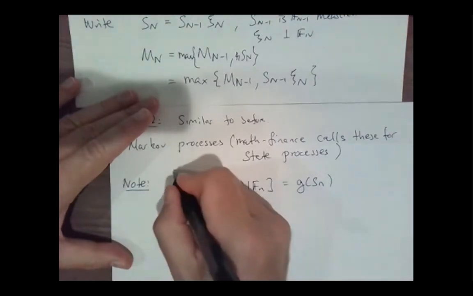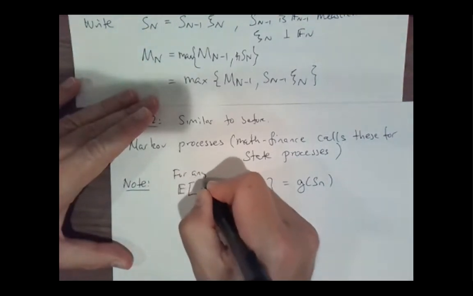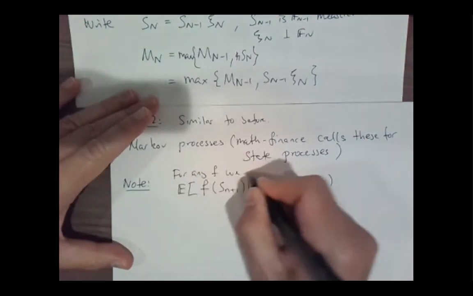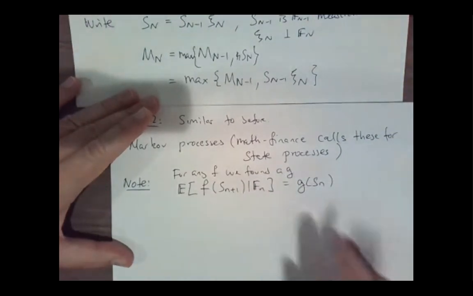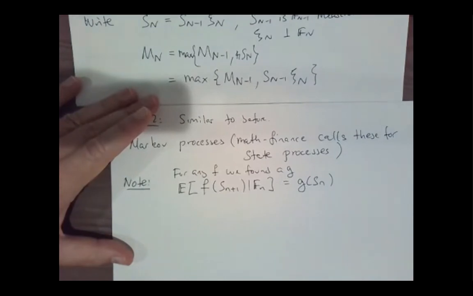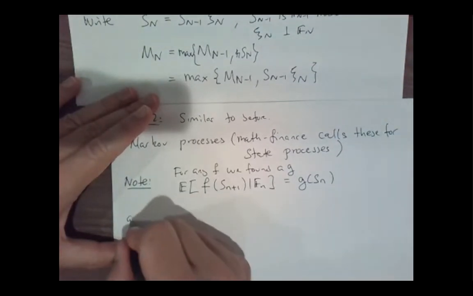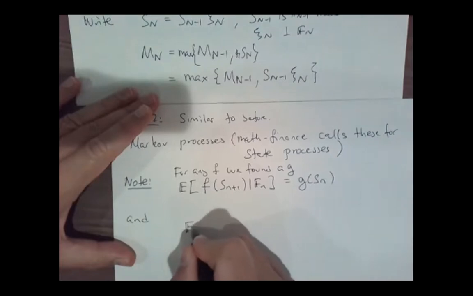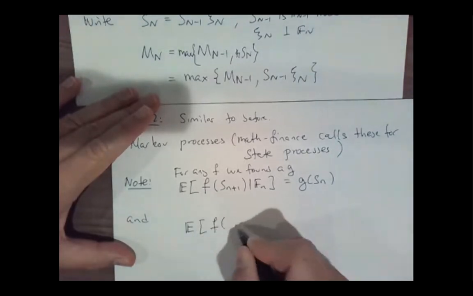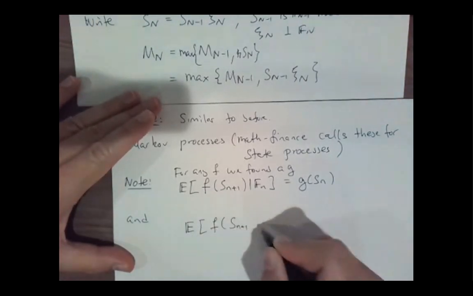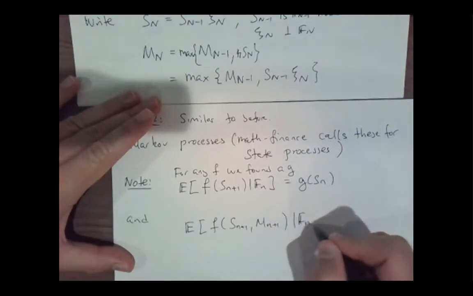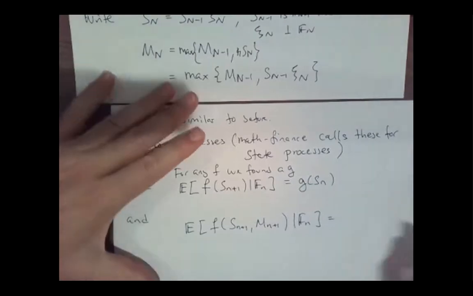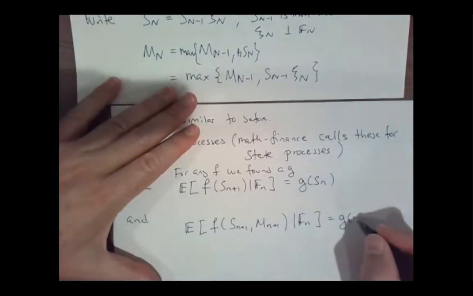So for any f, we found a g such that this is true. Similarly, we did an Sn plus 1 and an Mn plus 1 conditioned on Fn, and we were able to write this as a function of Sn and Mn.